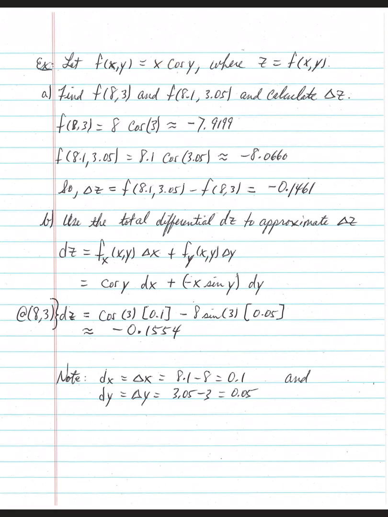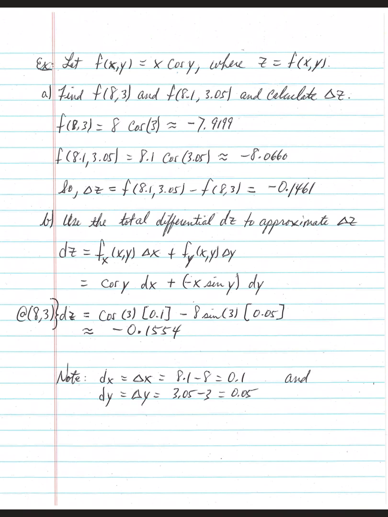If we take the derivative with respect to x, that becomes 1 cosine y dx. Delta x and dx, because these are very small incremental changes, can be used interchangeably. The derivative of the y term is going to be negative sine y, but don't forget the x attached because that's considered a constant. So it's going to be negative x sine y. That's that partial derivative, dy.